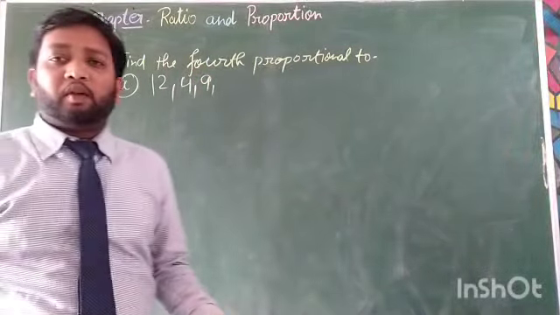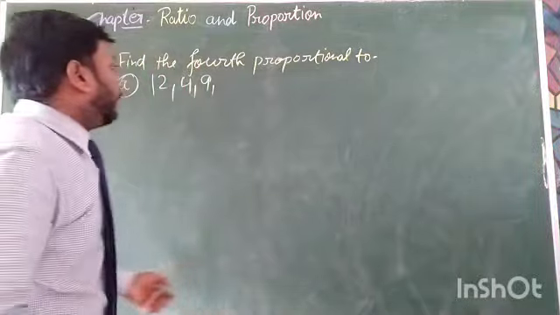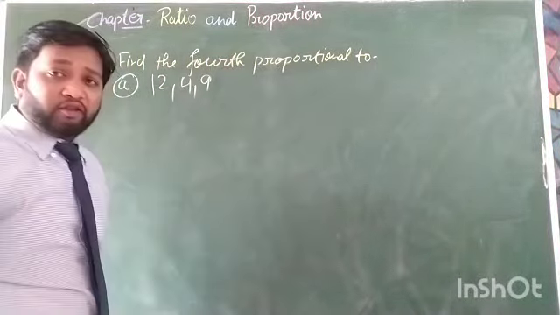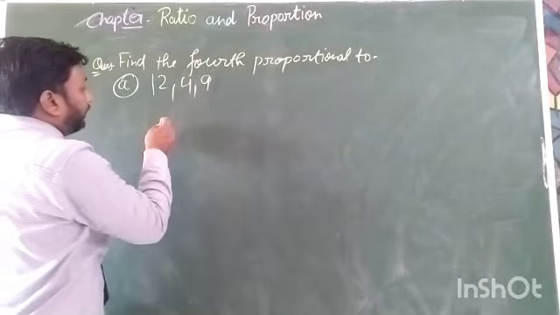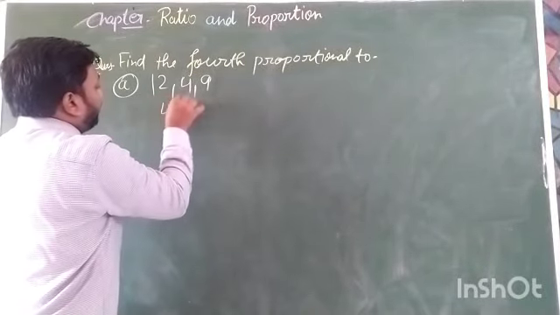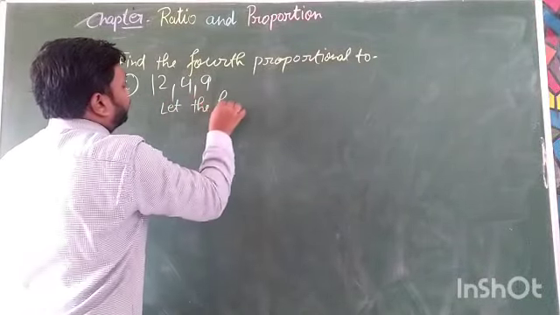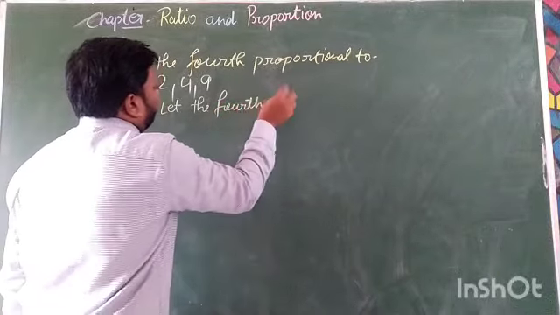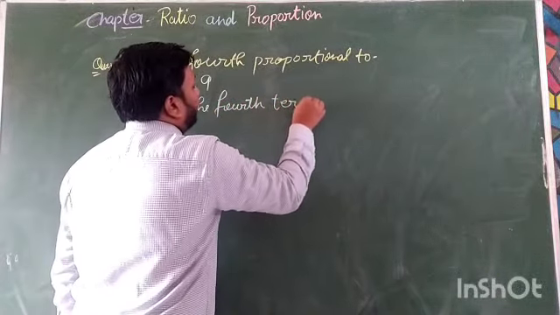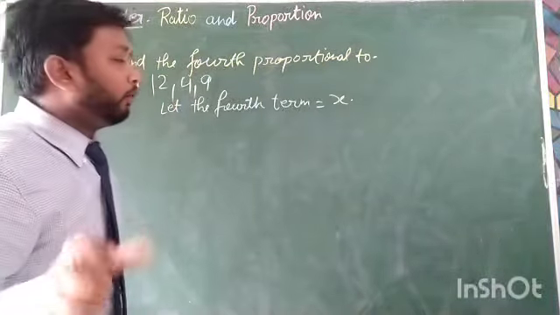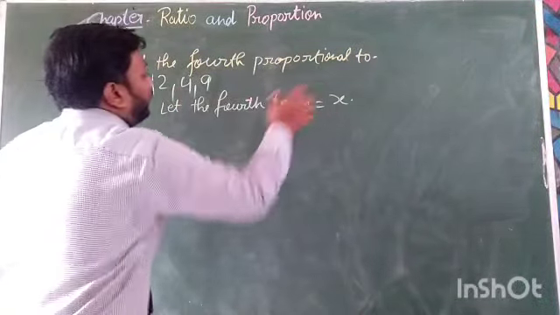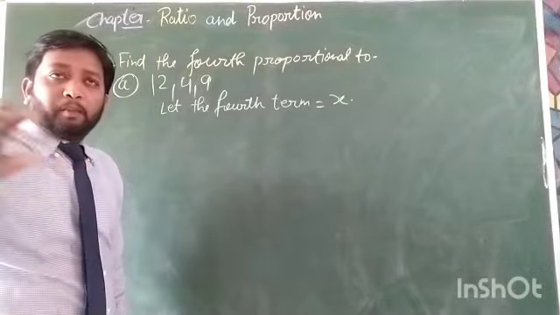We don't have the fourth term for our proportionality, so we will assume that fourth term as x. So here we say, let the fourth term be equal to x.